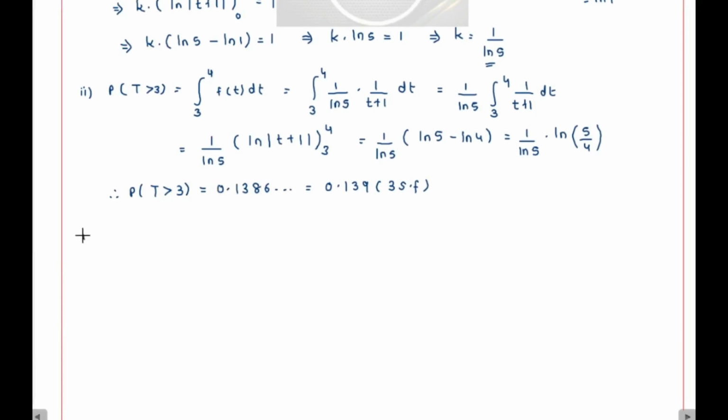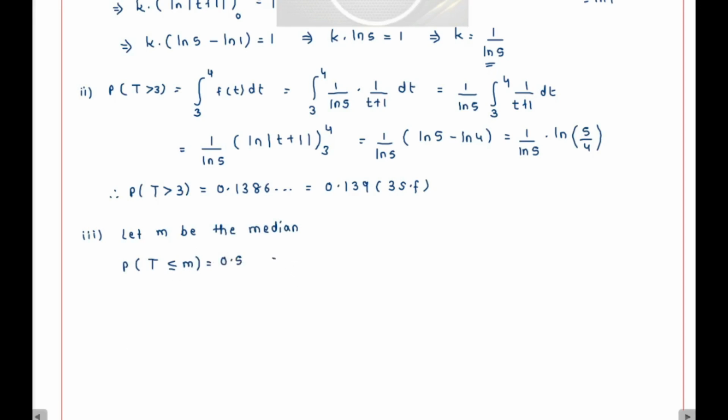So let's say let M be the median. So if M is the median, then we know that probability of T being less than or equal to M is equal to 0.5.